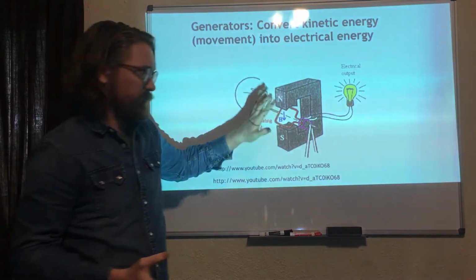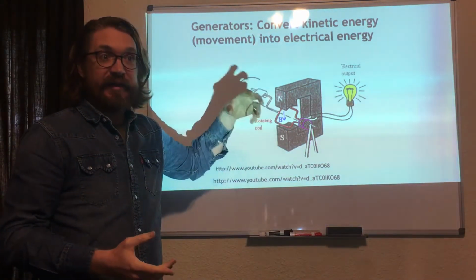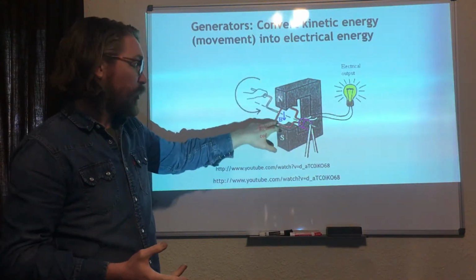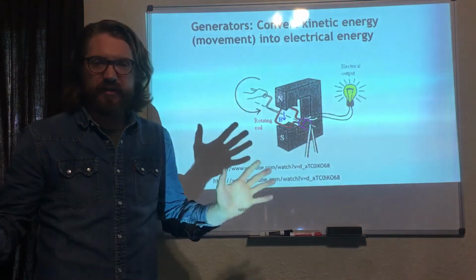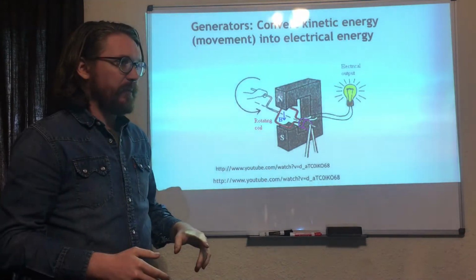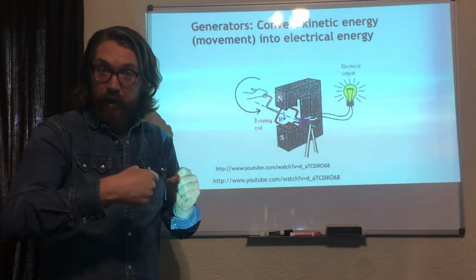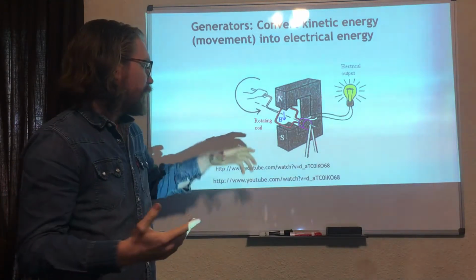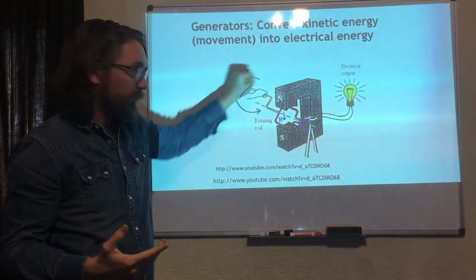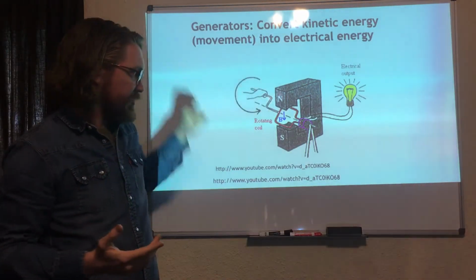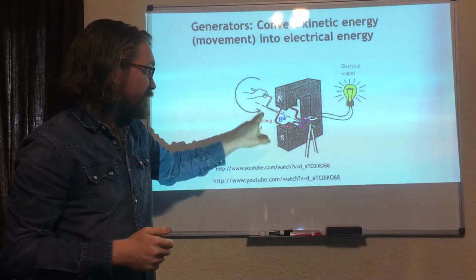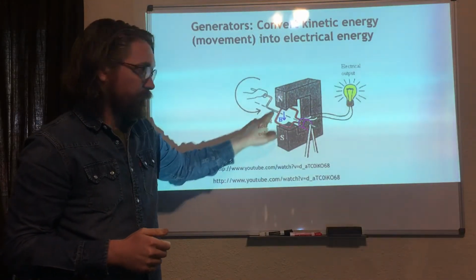Here's another example. Instead of the magnet being inside of the coil, now the coil is inside of the magnet. It works the same both ways. If you have a flashlight in your house that you can wind up, that's a generator. So here's how this works. Here we have a crank. We have a girl turning the crank, and attached to the crank there is a coil.